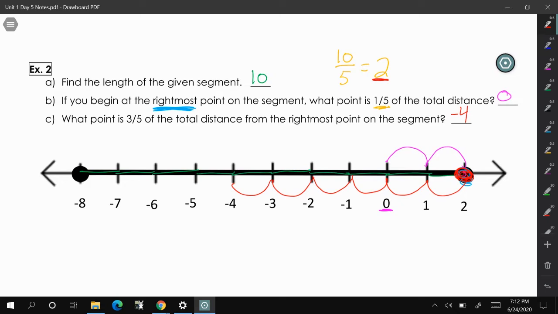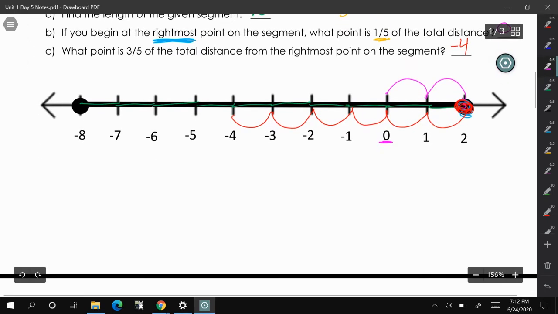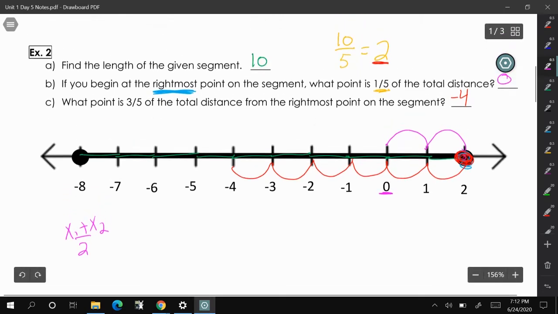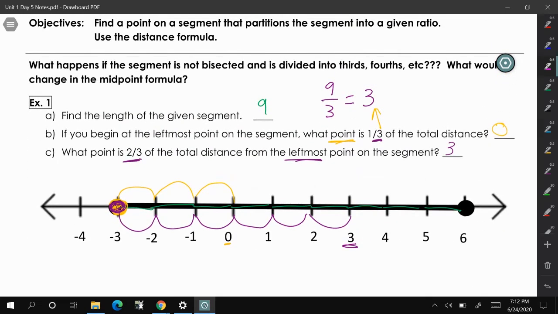Okay, so how can that be useful for dividing segments into ratios? When we were talking about the midpoints yesterday, we took our points and we divided by 2, right? We added our x1 plus x2 and divided by 2 because it was a midpoint. Up here, we divided by 3 because we wanted 1/3 of the distance in the thirds.